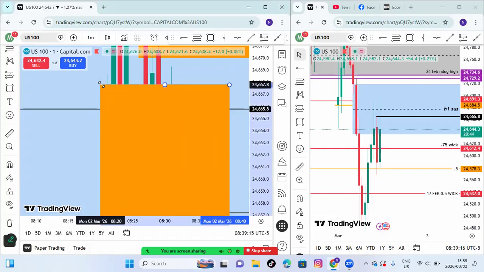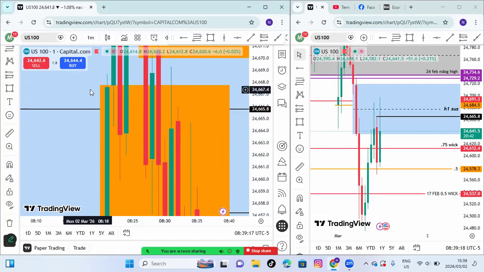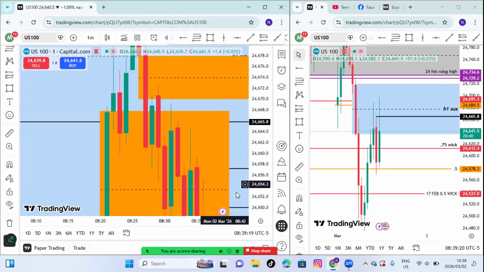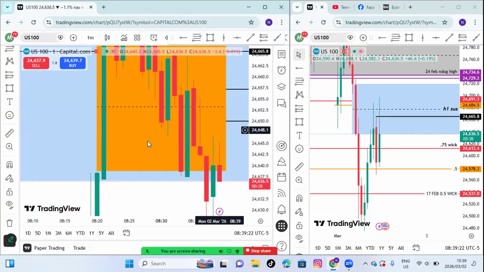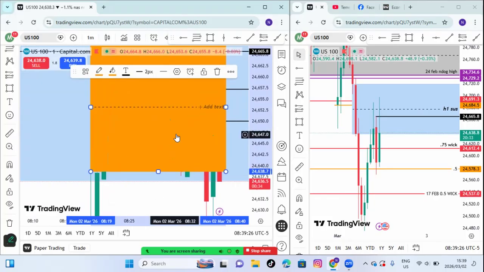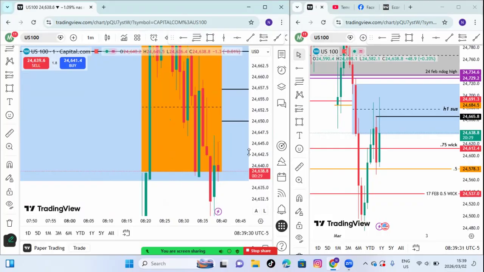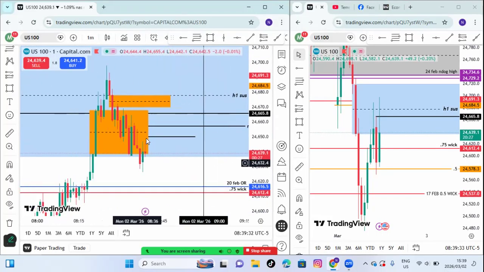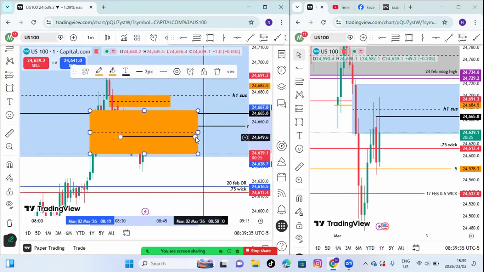That's the inversion fair value gap there. There we go. So now we're going to do that.